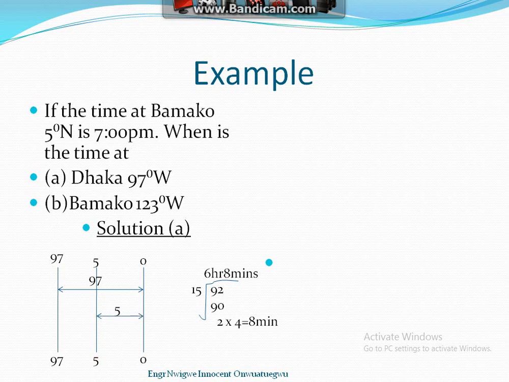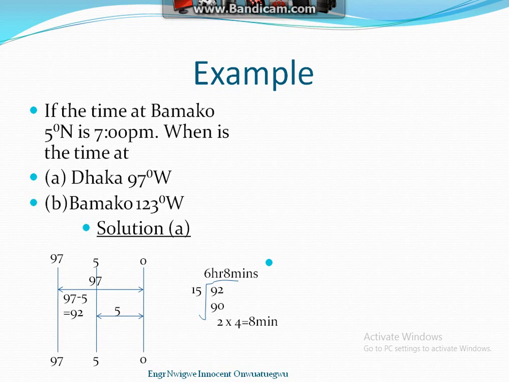So since they have different longitudes, we subtract. You find the difference between the two longitudes, which is 97 minus 5 to give us 92. Then, since you have gotten 92, use 15 hours to divide 92, which will give us 6. 6 times 15 gives us 90. 92 minus 90 will give us 2.